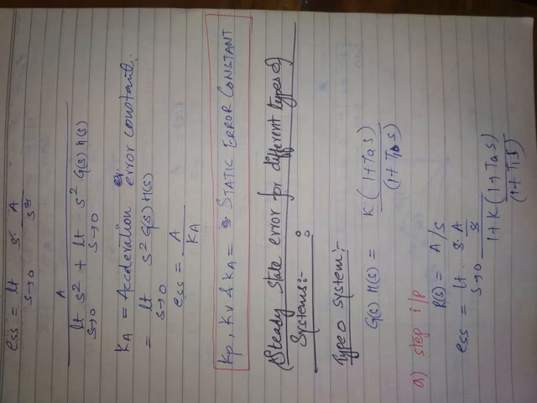If the function is s plus 2, what is its time constant form? s by 2. What is this? DC gain. To put s equal to 0, first cancel the s. Limit s tends to 0, s into whatever is here, what is that? DC gain. Understood? Gain DC gain cannot be 0, cannot be infinite. If there are s terms in the denominator or numerator, first you have to cancel it. Then you have to put s equal to 0. So in this example when you apply limit s tends to 0, all s terms will become 0 here.